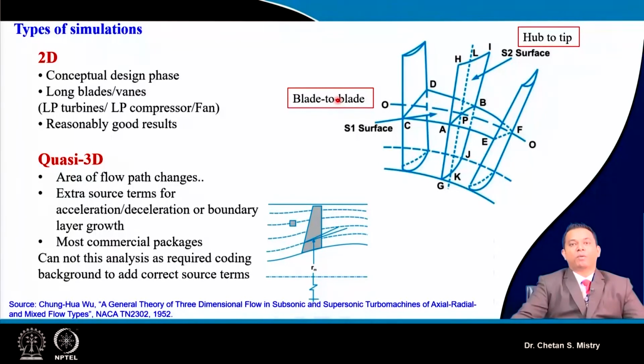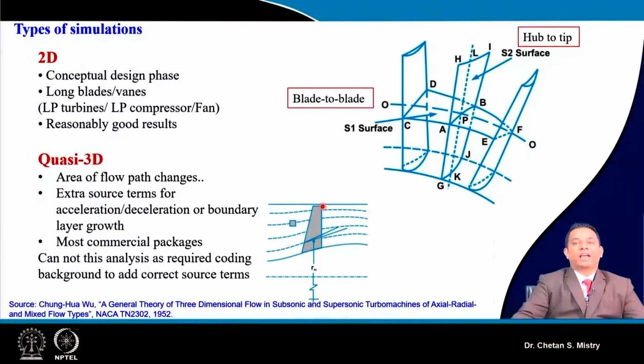When we are talking about analyzing flow through turbomachinery, this was a concept given by Wu in 1952. That was a very initial stage of computational fluid dynamics, and during that time it was not that matured in the sense of understanding.